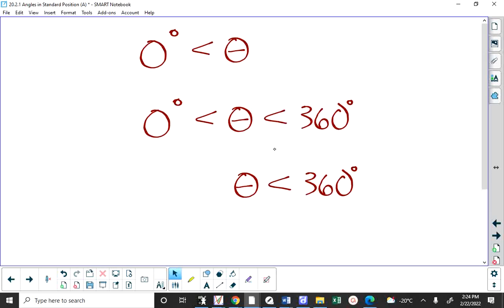So all we've done to get that one statement is we've said 0 degrees has to be less than the angle. Okay, think about that for a second. 0 has to be less than the angle. That means the angle is more than 0. This is saying that.